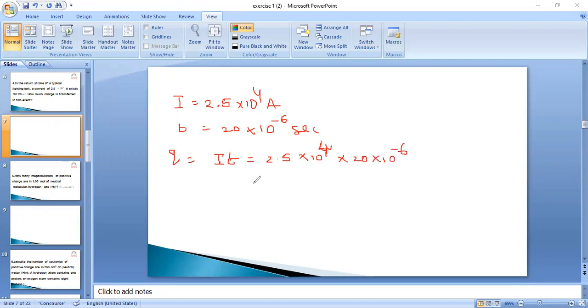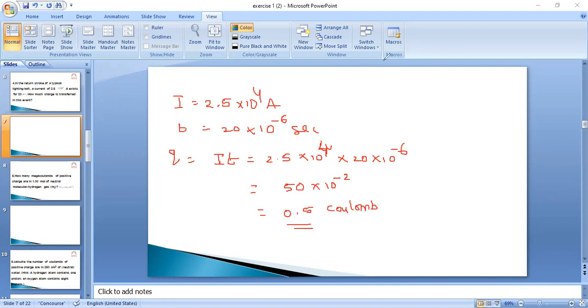Finally, this will be 20 × 2.5, which is 50 × 10^4 × 10^-6, that is 10^-2. And this is equal to 0.5. The unit for charge is coulomb.